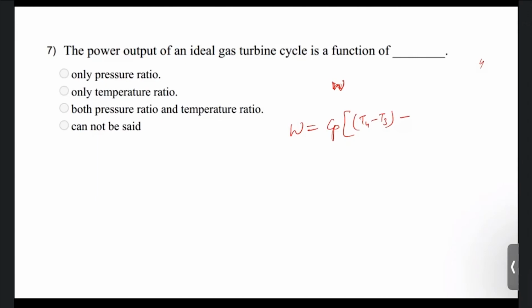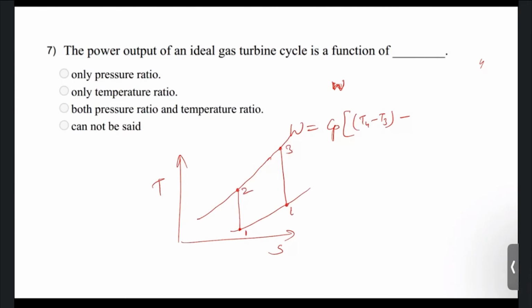So first see the cycle. Okay, so it is a TS diagram. Here the cycle is working between point 1, point 2, point 3, and point 4. Here is the heat addition, here is the heat rejection, here is the work done.